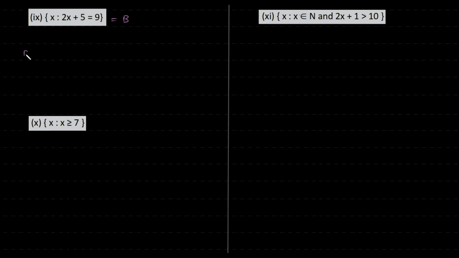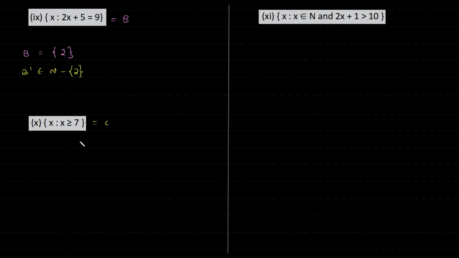This is B. So B would be just 2. So B dash would be all the natural numbers other than 2. Then this is nothing but all the natural numbers from 7 till infinity.